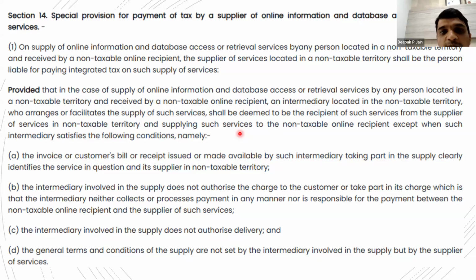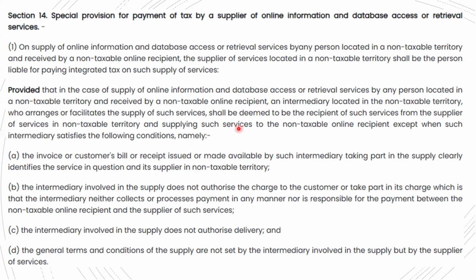I am not able to comprehend where this conclusion comes from, because section 14 says if the supplier is in a non-taxable territory and the recipient is an NTOR, the supplier shall pay the tax. Now, through this provision, the Act is trying to say that this intermediary is a recipient. So the tax will still be payable by the supplier itself. So how is the intermediary made taxable in this scenario?